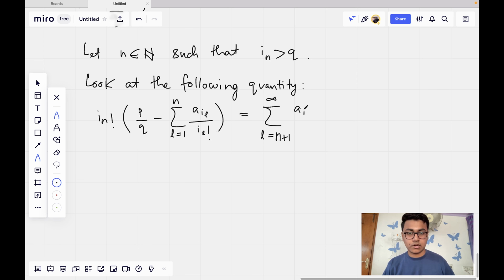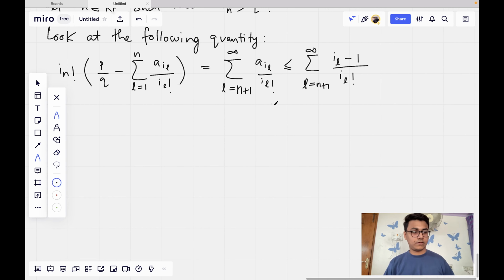This is equal to a_{i_l} by i_l factorial, less than or equal to, well, we will use that constant. Right, and this is strictly less than this infinite sum.